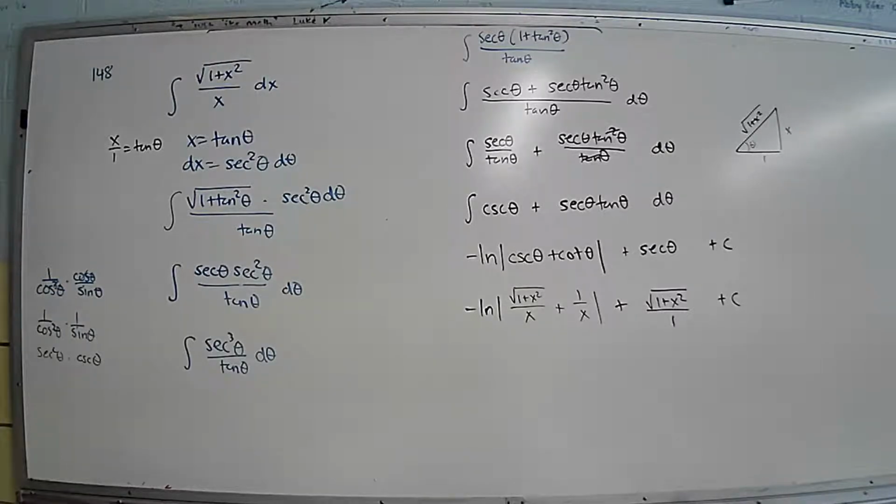Do you have to know the antiderivative of cosecant? No, probably not. If you know secant, you're going to probably be okay. If you ended up needing it on a test, and I end up lying to you by accident, then I'll just give it.